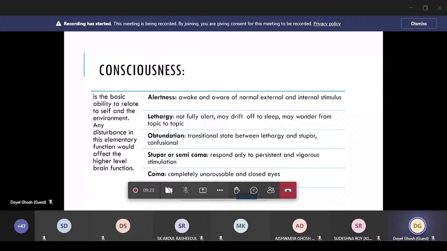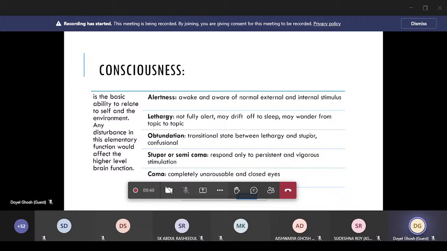Any disturbance in this elementary function would obviously affect the higher brain functions that we will assess later, like attention, memory, intelligence. So first, we need to assess if my patient is conscious enough to carry forward the mental status examination. There are four levels, starting from alertness to coma.